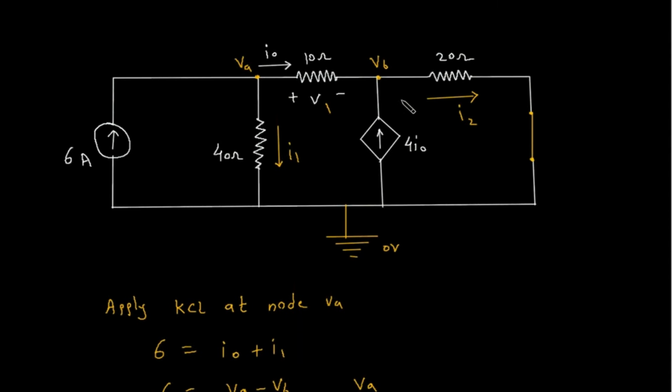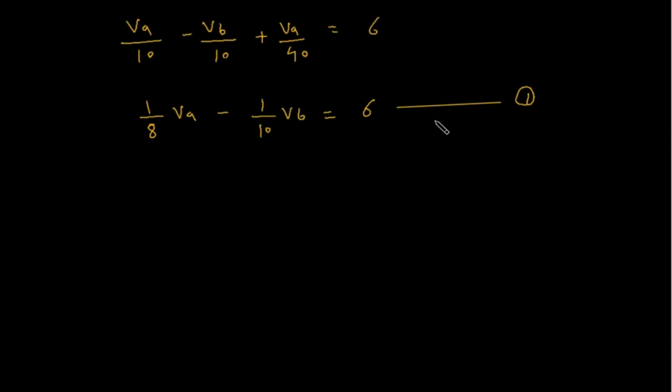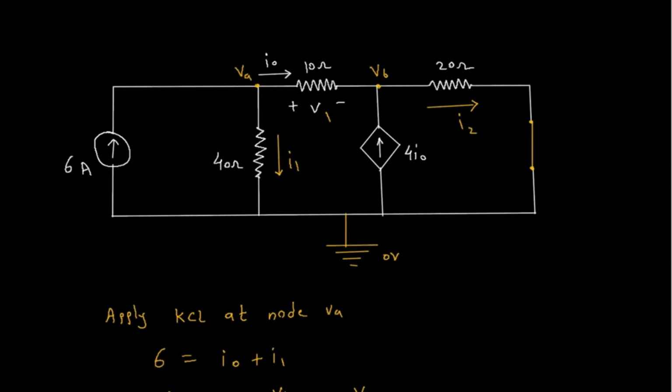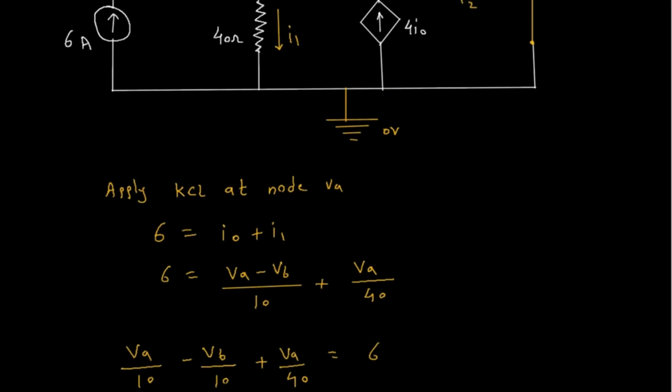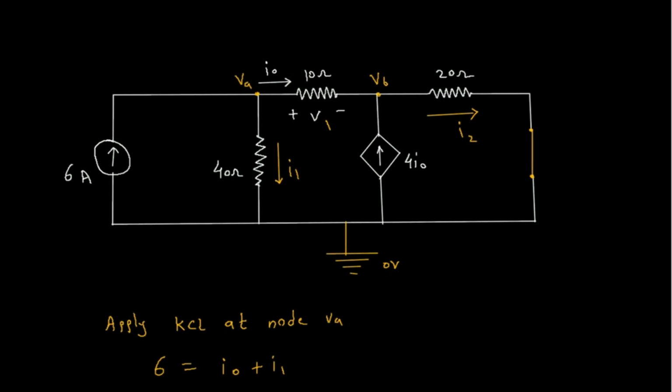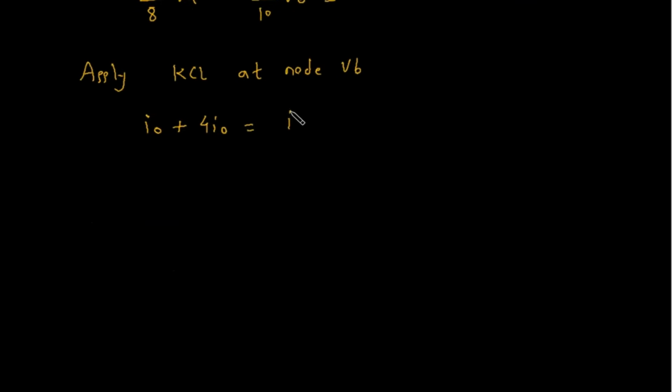Now we will apply KCL at node VB. The summation of all the entering current at this node is I0 plus 4I0, which is equal to the summation of all the leaving current. The leaving current is I2. So this will be 5I0 minus I2 is equal to 0.